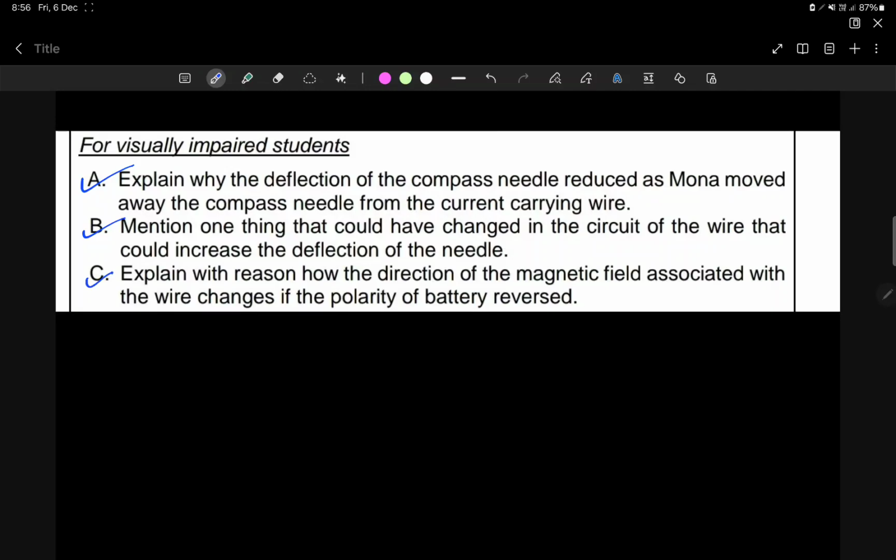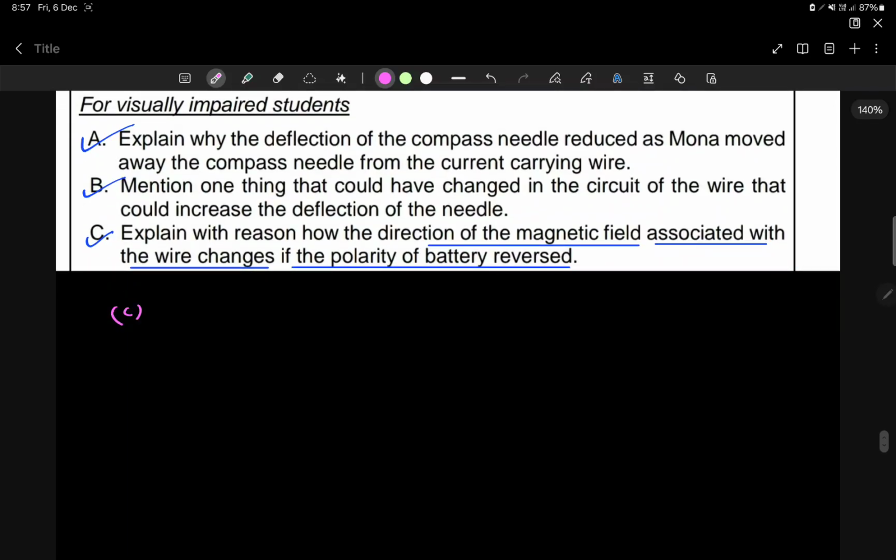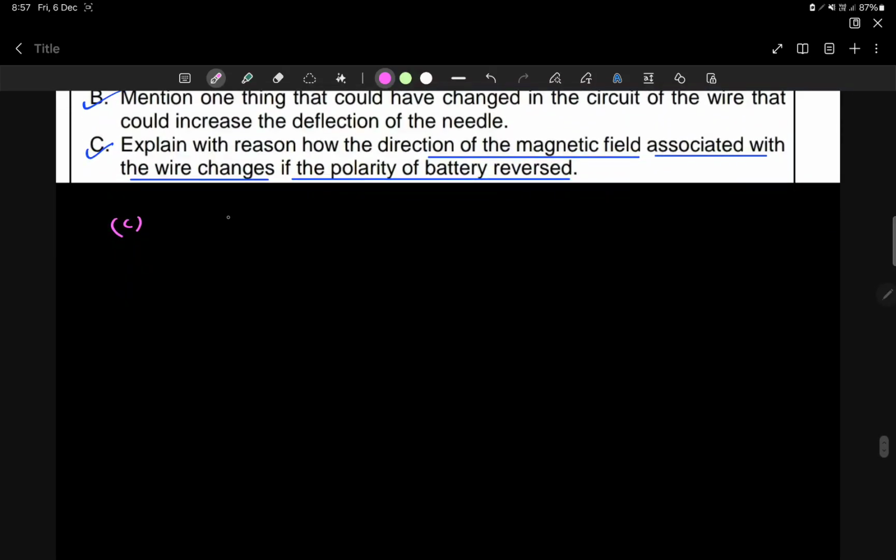Then in bit C, explain with reason how the direction of magnetic field associated with the wire changes if the polarity of the battery is reversed. So simply for bit C we can discuss, if the polarity of the battery is reversed, then what will happen?